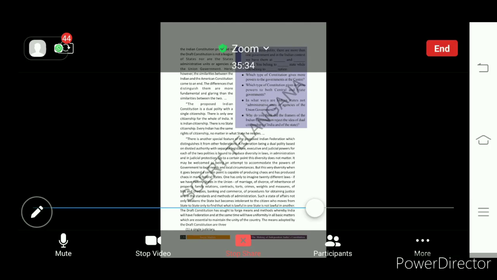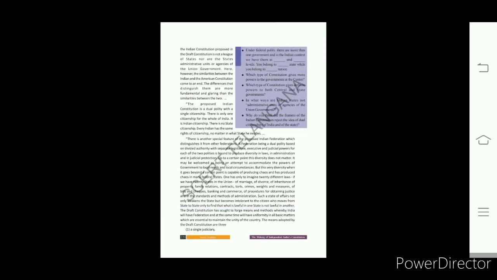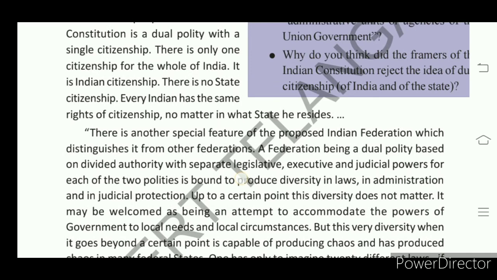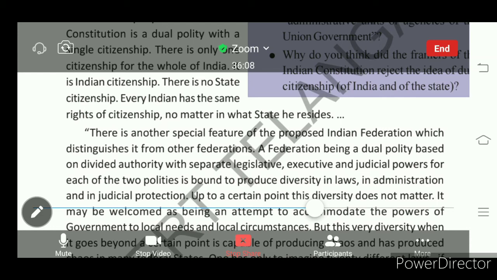Okay, there they have dual polity, dual services, dual judicial system. In federal system of government, everything is duality. Understand? In America, there is duality in politics, services, and judicial system. Whereas in India, we have duality in politics, but we do not have duality in judicial system.